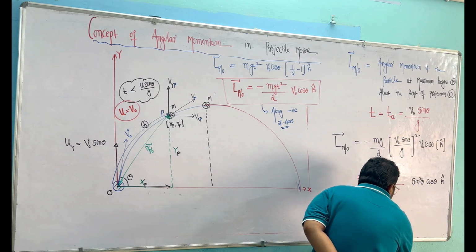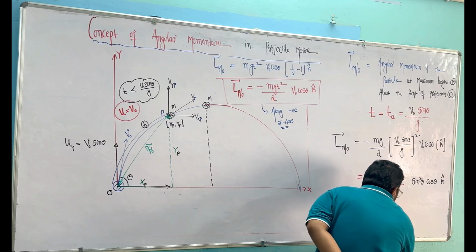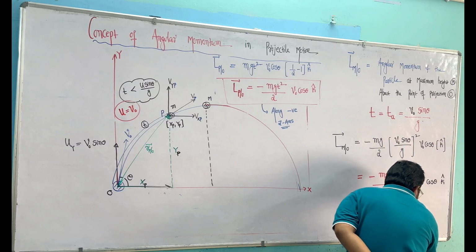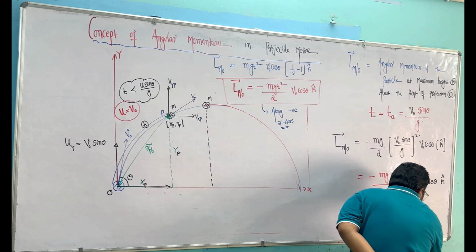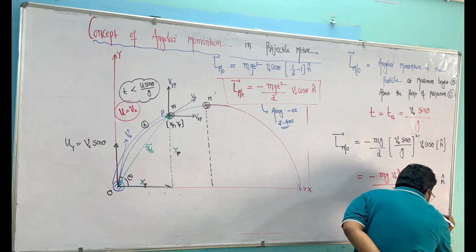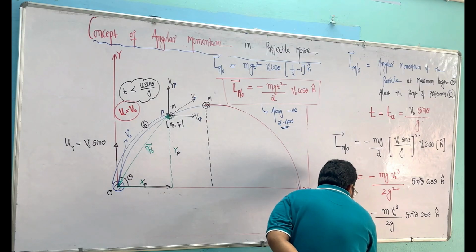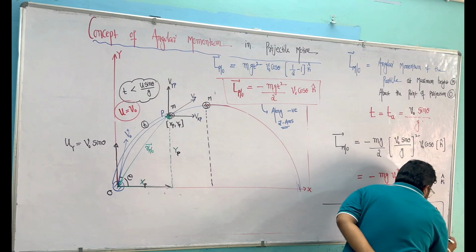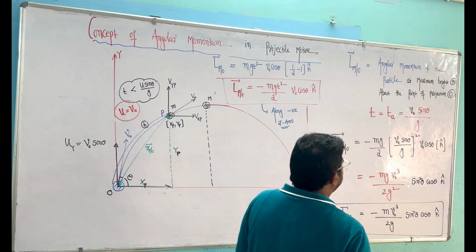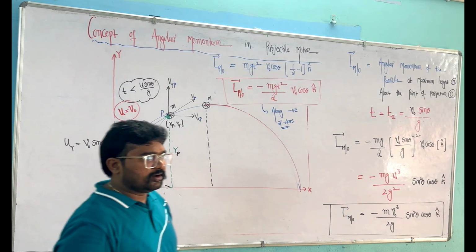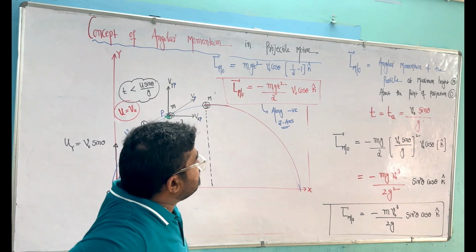Minus m V0 cube by 2 g into sin square theta cos theta k cap. That is the angular momentum at maximum height about point O. Understood? Next.